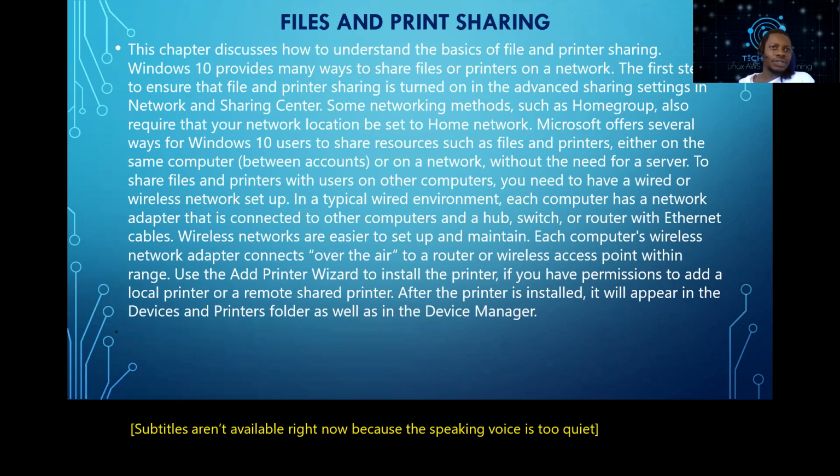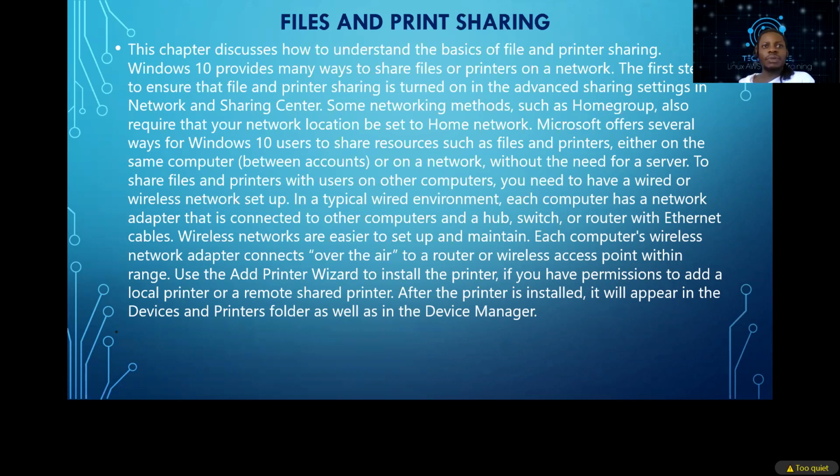As you can read here, the chapter discusses that file and print sharing for Windows provides many ways to share files and printers over the network. Like you can do wirelessly, you can do via connections. But typically we can have so many ways that we can share files.